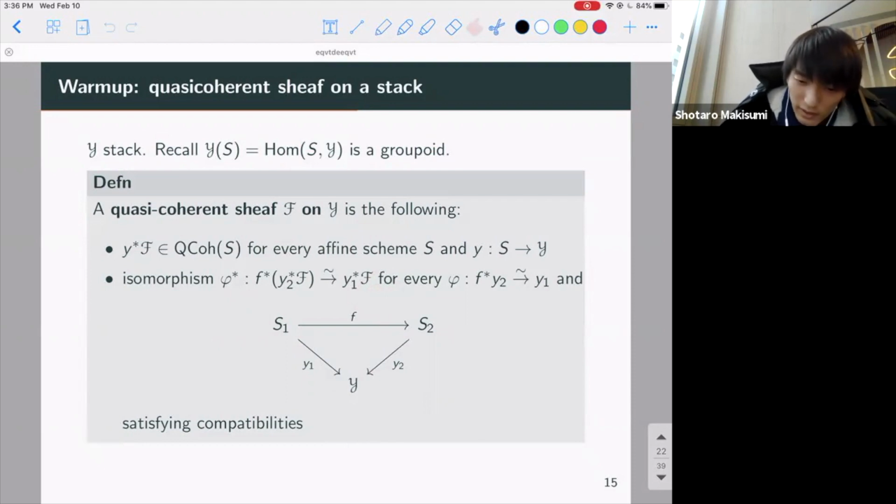For example, if I take point mod G to be my stack, and point for S1 and S2, then there's a unique map here, but this unique map has automorphisms now. So for any such automorphism, I now want to write down some compatibility between these pullbacks. So this is an additional structure, and this has to satisfy some compatibility relations.